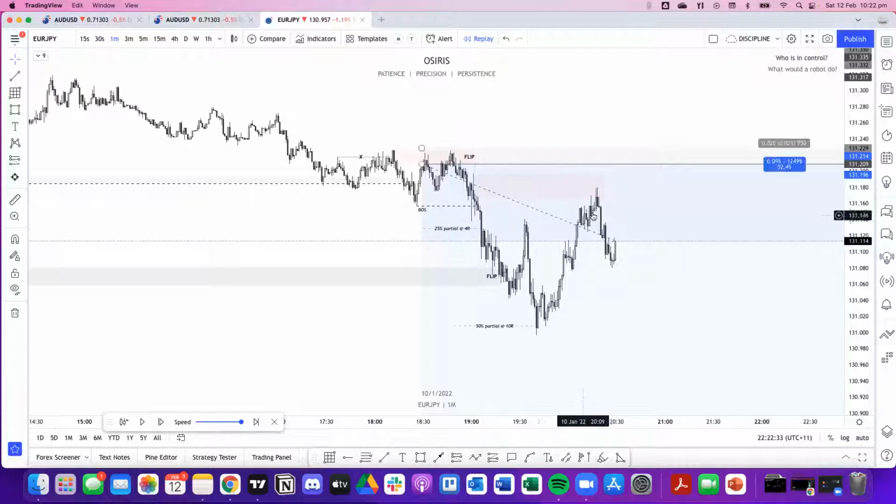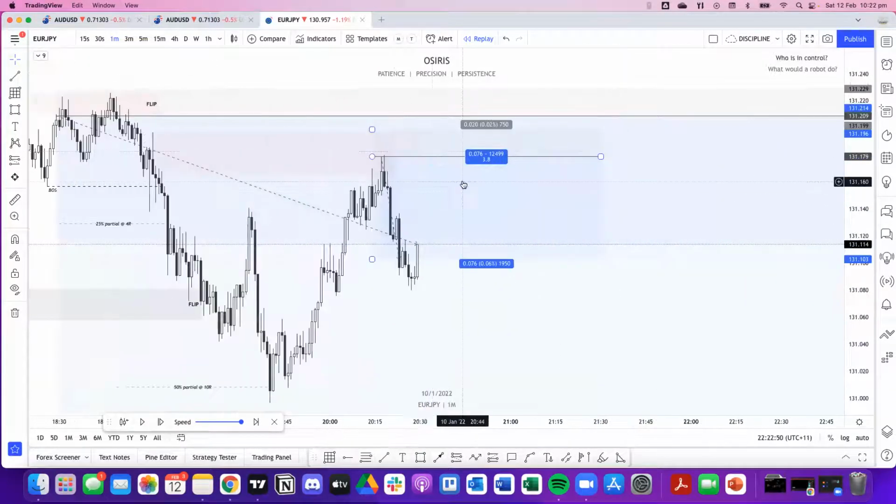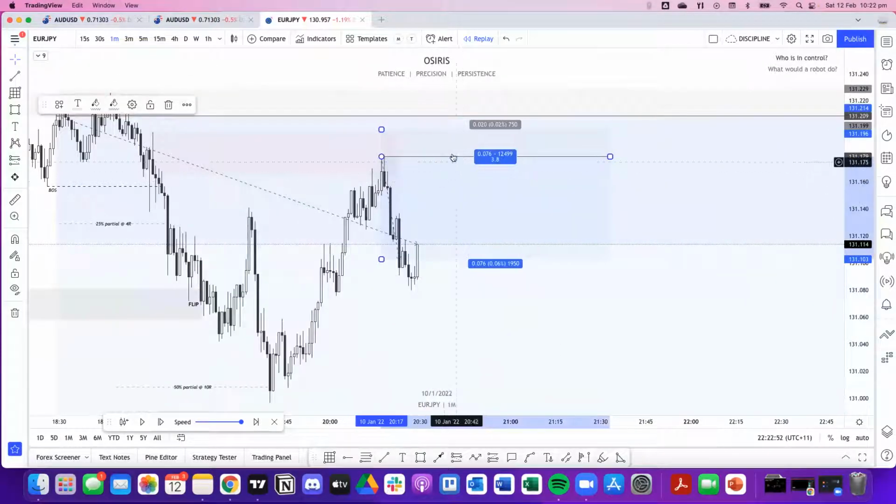After having taken 4R, we could look at taking a scale in here. Given how big the stop would be, let's see how far up can we go to get 2 pips. Okay, perfect. So because my stop was too big, I'm going to push this up to where I can get in 2 pips and cover the POI.